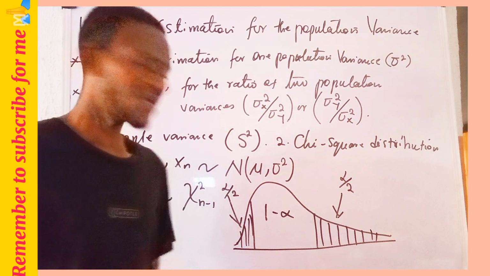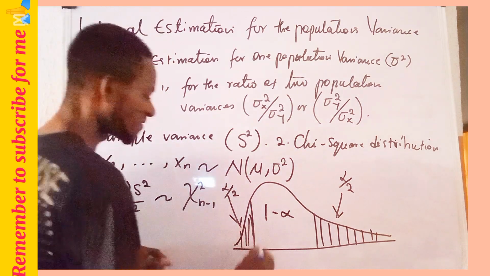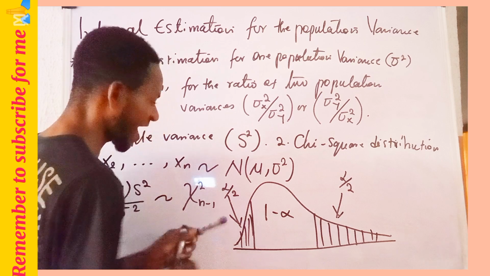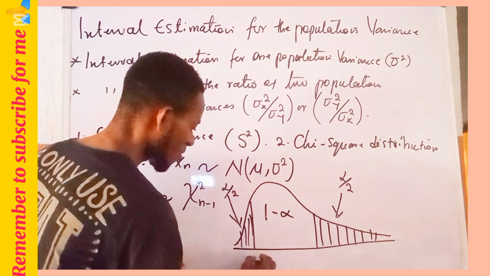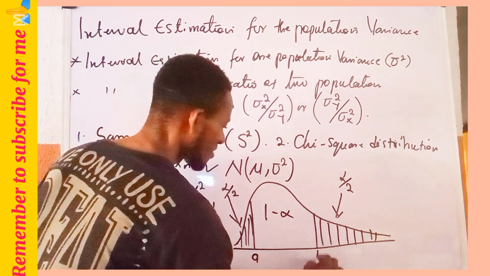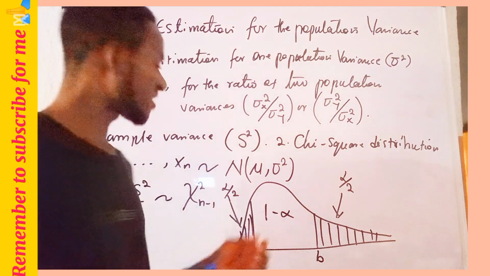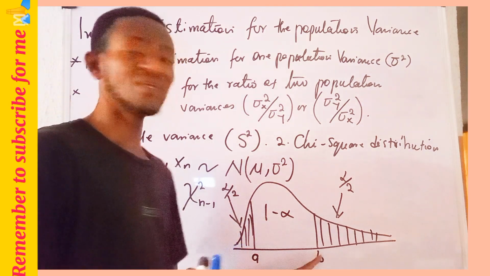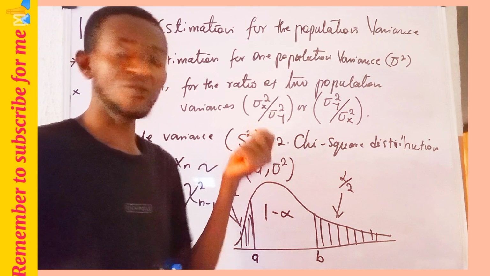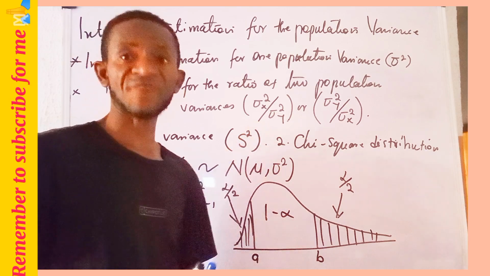Let me call this particular line here A, and let me call here B. So by implication, the interval A to B has a probability value of 1 minus alpha.